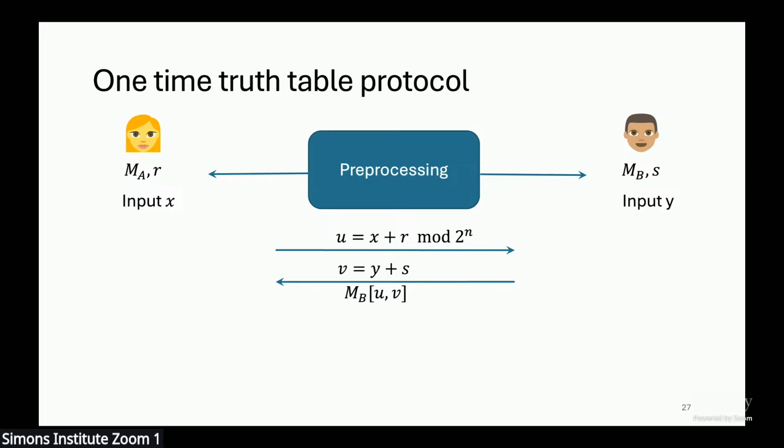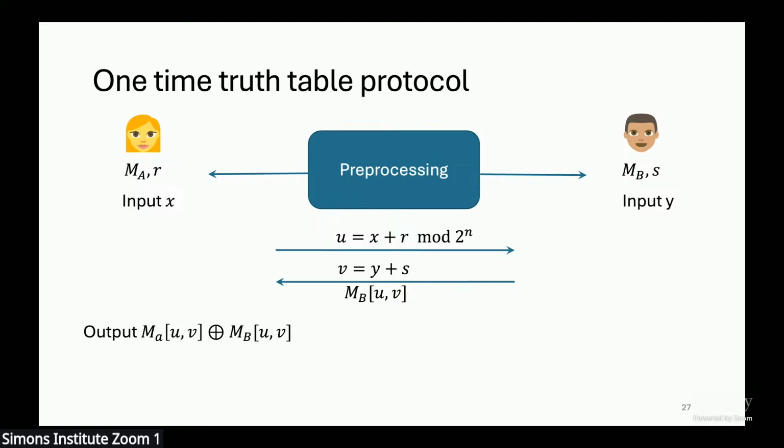And then if you look at the entry UV of this truth table, then you will get exactly the function evaluation at the input X and Y. So together with the value B, Bob will just extract that corresponding share from his table, send this to Alice, and Alice will XOR this with her corresponding entry of the table. So this is a very simple way of evaluating any lookup table using preprocessing.